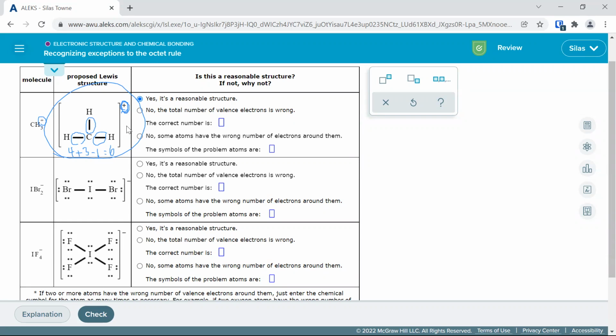So let's look at the next one. So we got IBr2 minus. Again, we got another charge. So that's going to add an electron. So we have I has 7 plus Br has 7, and there's 2 of them. So we got 21, and then we're going to add 1 more. So we got 22 valence electrons.